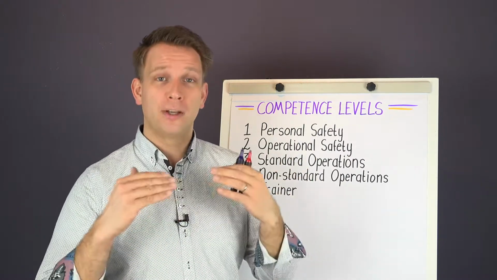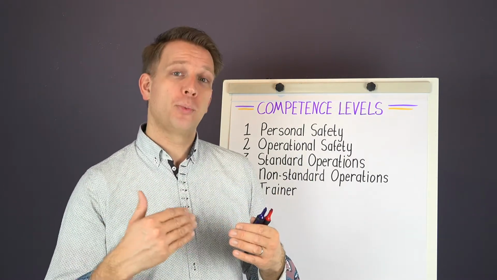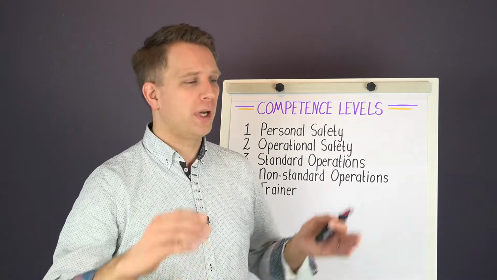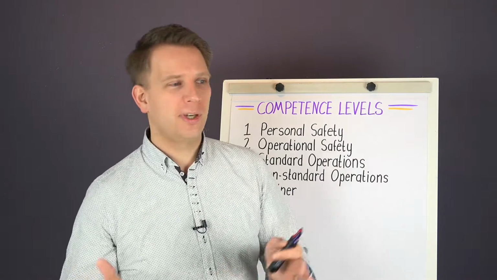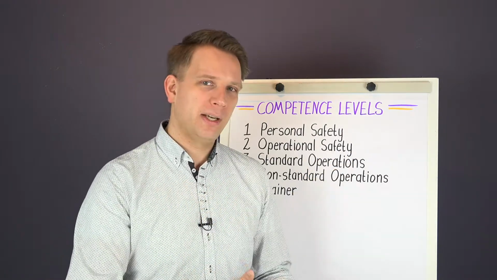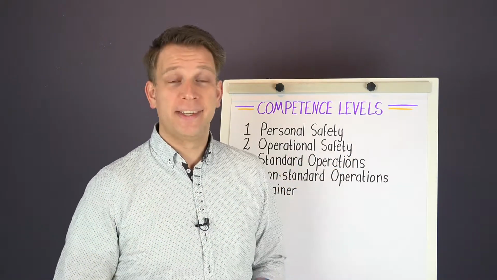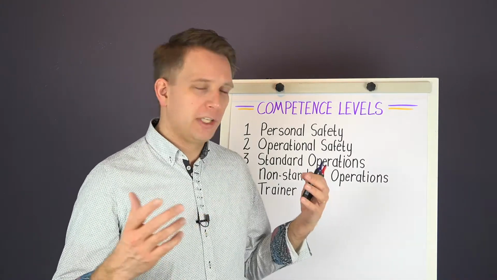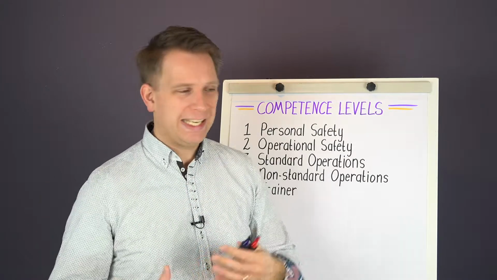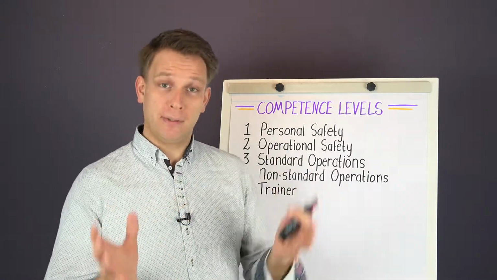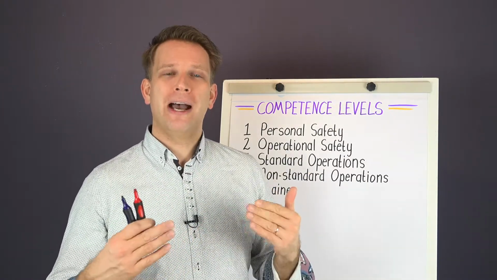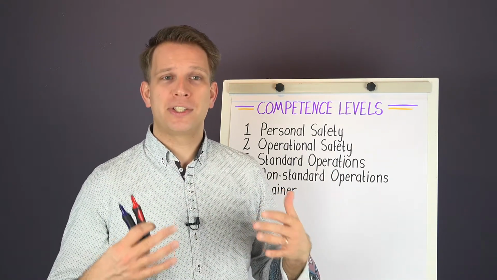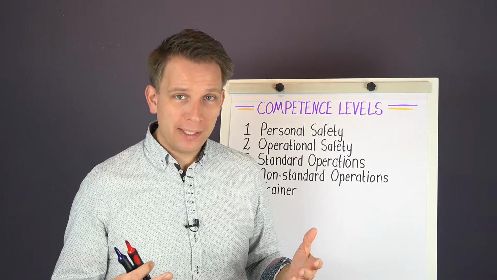On level 2, you can operate that line safely, which means you really know on that line where all the emergency stops are, what you can touch, what you should not touch, how it works, where the danger points and pressure points are, whether it has high pressure air, or uses hot steam or stuff like that somewhere. That's in there. But also, how can I safely start up and shut down this system? How can I safely end a production run when needed?